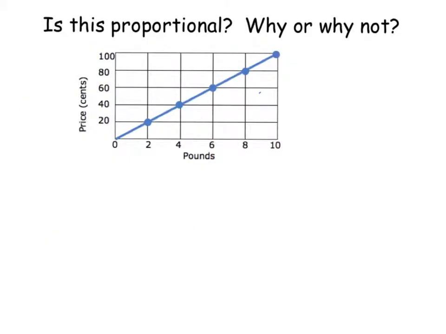So let's test this one. Is this proportional? Why or why not? Well, I know that a proportional relationship makes a straight line that goes through 0, 0. So one way that we can determine if it's proportional is, look, does it make a straight line and does it go through 0, 0? Is my y-intercept 0? Yes.